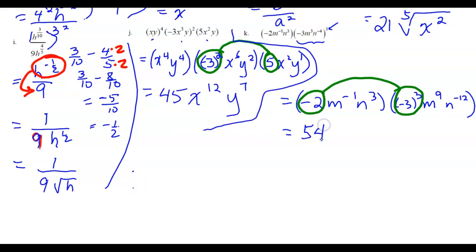Then with the m's, negative 1 plus 9 is 8. And 3 plus negative 12 is negative 9. Okay? So only one factor that has a negative exponent, that's the only thing that we flip and it goes to the denominator.